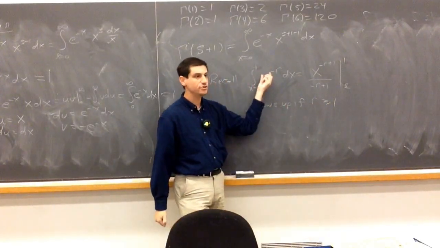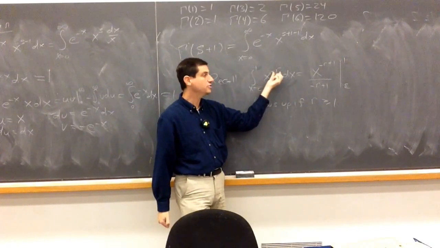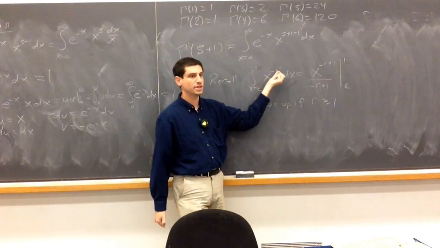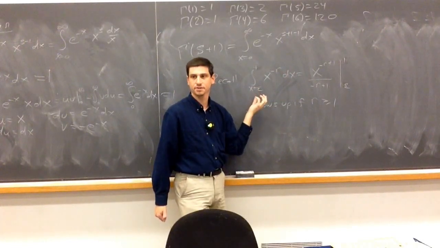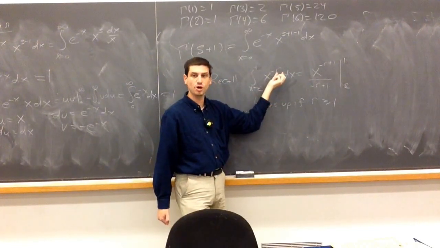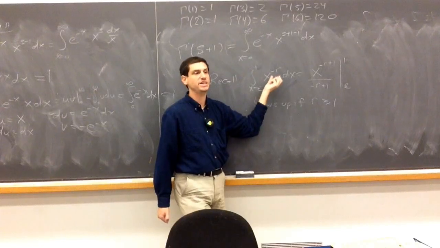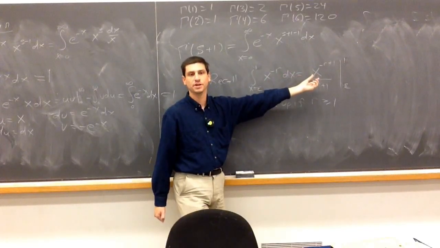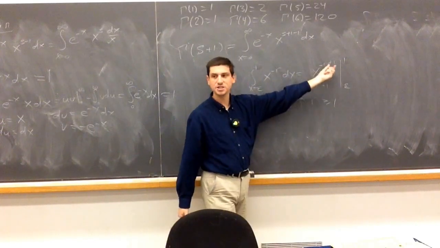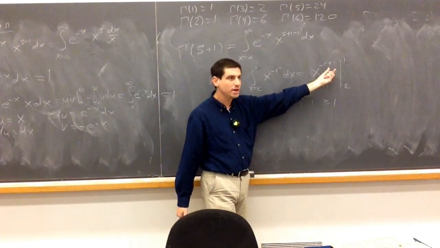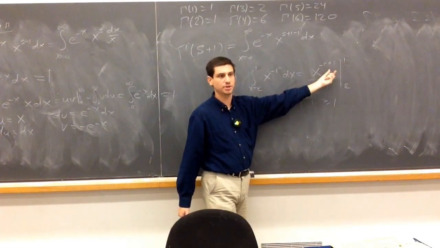So when we're integrating the function x to the negative r, it's essential that the negative r can't be too negative. If this is negative 1 or smaller, we're in trouble. If it's negative 0.999999994, that'll be integrable, because when we add the 1, we'll have a positive exponent up here. Not by much, but we just need a little bit.